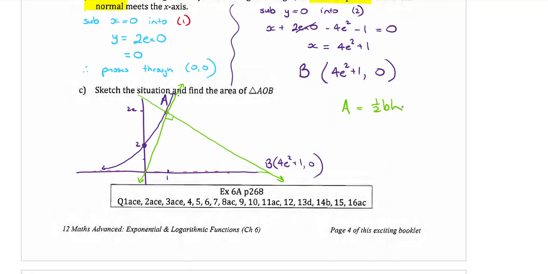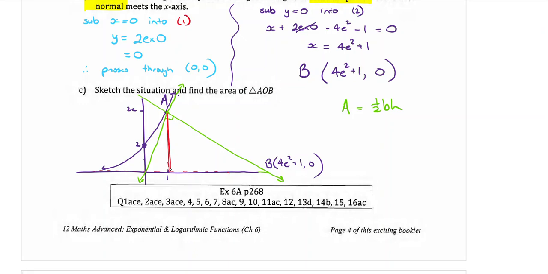How about instead, chop it down here. Still one triangle, but that, I'll draw it on here. This height we've already found is 2e. And the length of the base of the triangle is that, 4e squared plus 1.